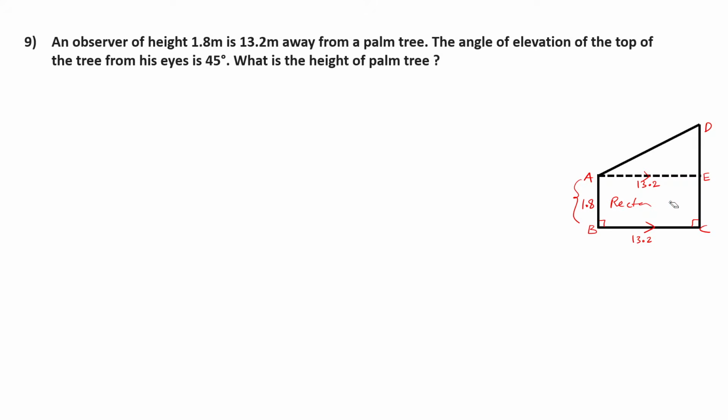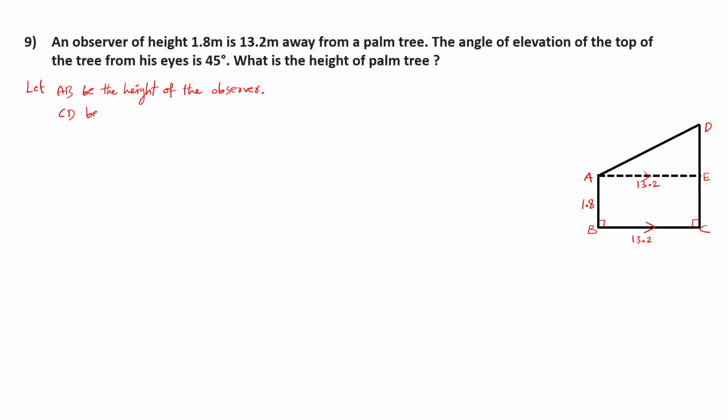Now let us solve this one by writing the given information clearly. So let AB be the height of the observer. Next, what is the height of the tree?